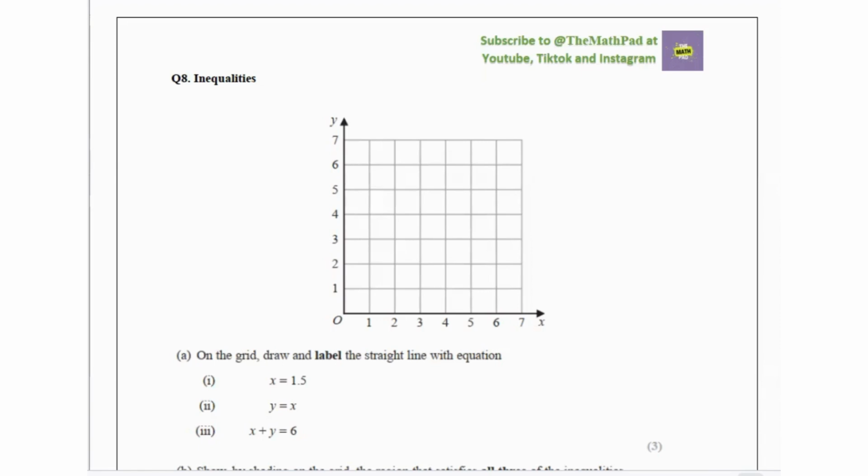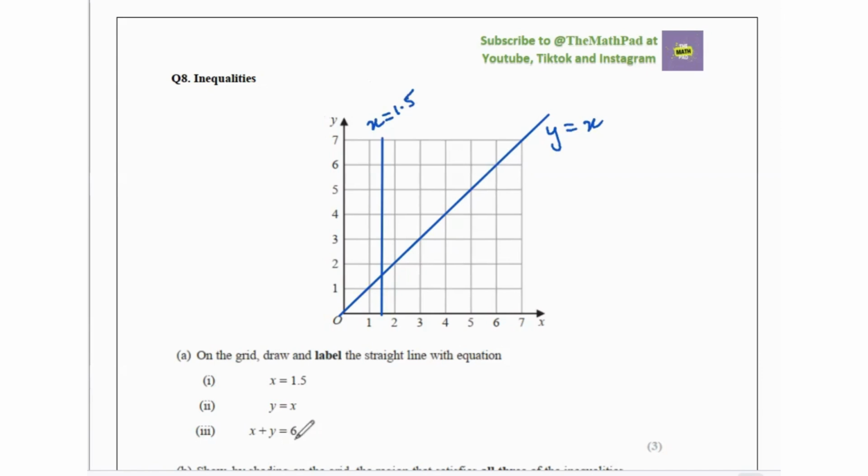So for x equals 1.5, we will draw a line that's passing through 1.5 on the x-axis. y equals x is the line that's passing through the origin, where if x is 1, y is going to be 1. If x is 2, y is going to be 2, and so on. So let me label this. This is y equals x. This is x equals 1.5.